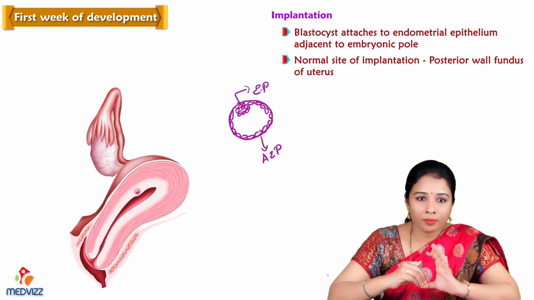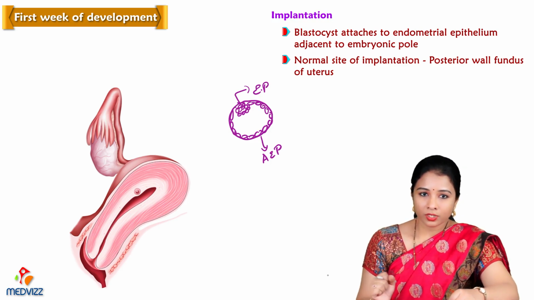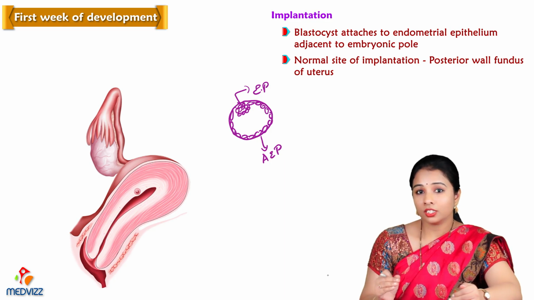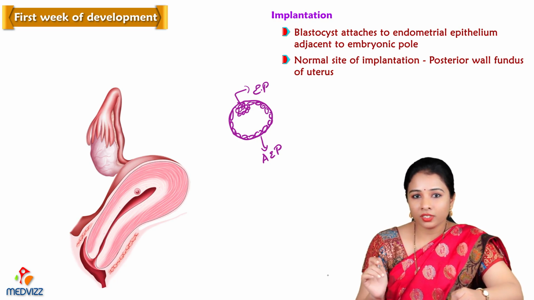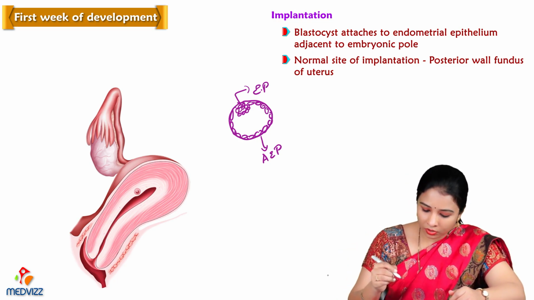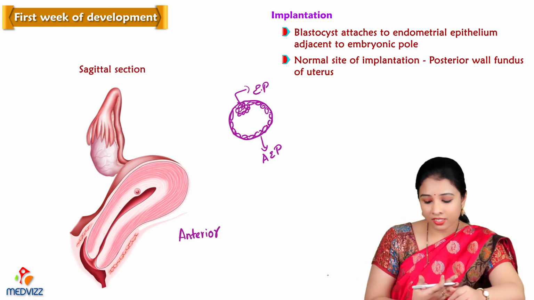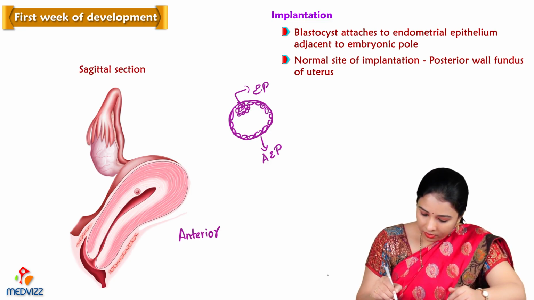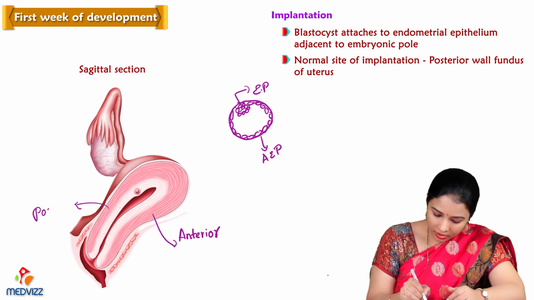The normal site of implantation is the posterior wall fundus of the uterus. To be more specific, the junction between the fundus and the body of the uterus on the posterior wall. But normally we say posterior wall fundus of the uterus. So this is the anterior side of the uterine cavity, where we are seeing the sagittal section showing the slit-like uterine cavity. This is the anterior side and this is the posterior side.